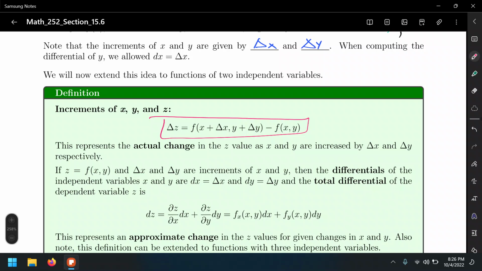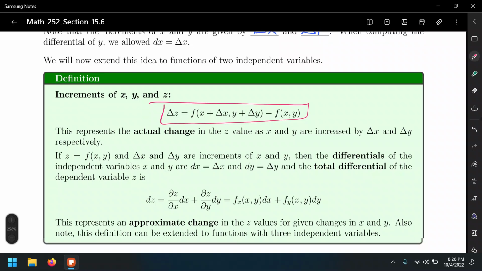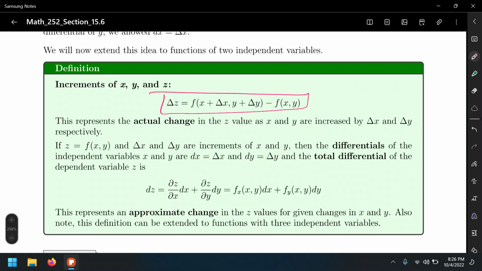It's called the total differential, because for a function of two variables there's a change with respect to x, and there's also a change with respect to y. So we need to include these two derivatives. That's what creates the total differential, because we're including all its derivatives.